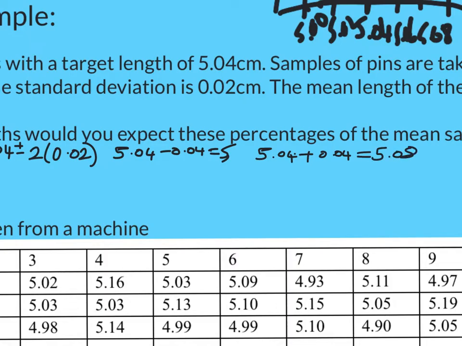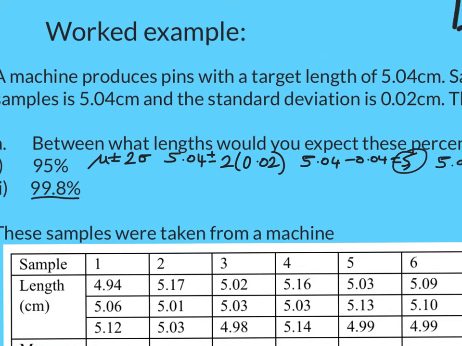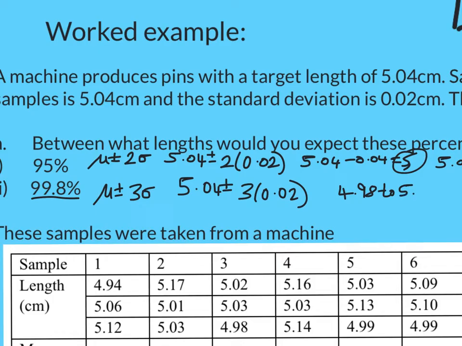So you'd expect it to be between 5 and 5.08. Likewise for 99.8%, that is the mean plus or minus 3 standard deviations. So this time it's 5.04 plus or minus 3 standard deviations, so you're going to have 4.98 to 5.10.